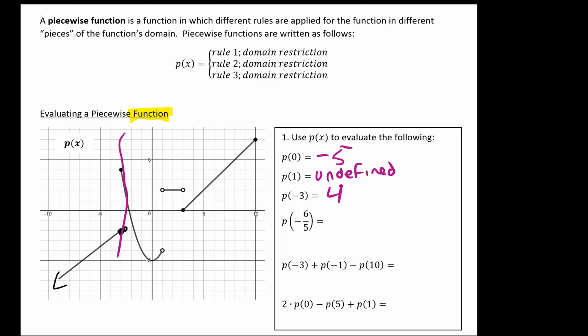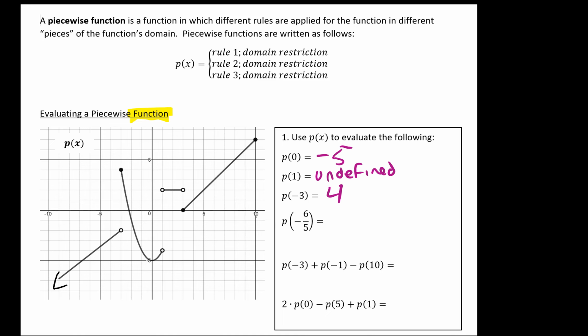It would fail the vertical line test, right? So that's never going to happen. That's exactly the reason why. If this was a filled in point as well, then you wouldn't know which one to choose from, right? And that's exactly right. We can't do that, okay? We can only have one output for every input. Only one y value for every x value, okay? We can't have 2 y values.